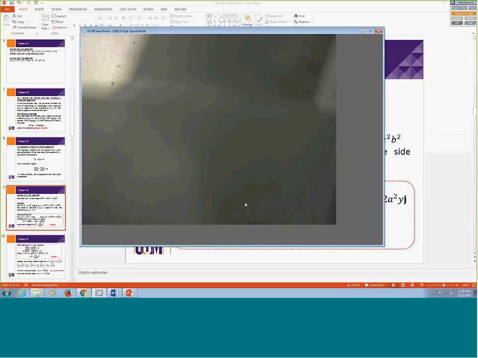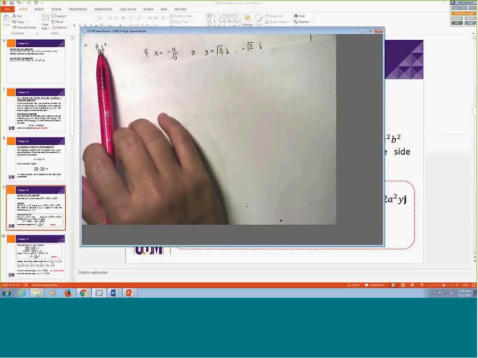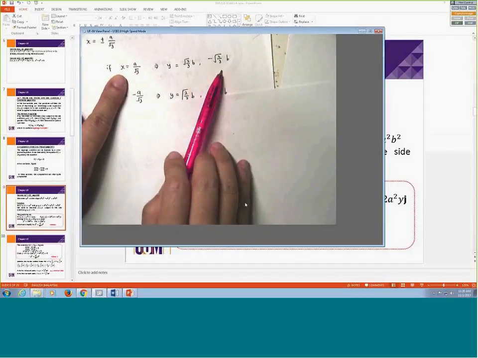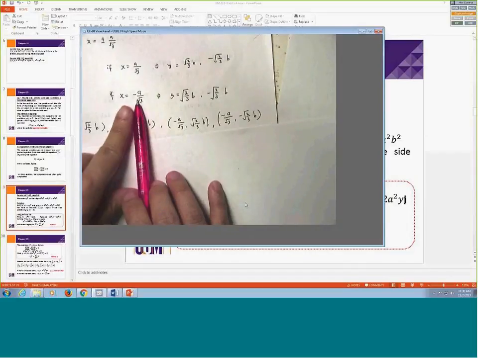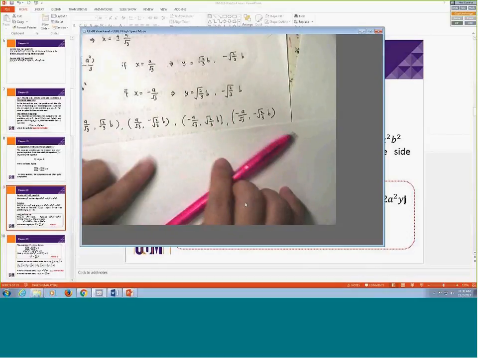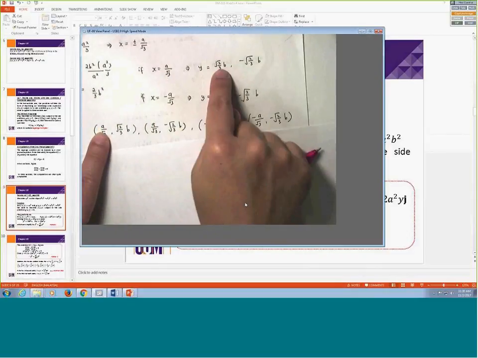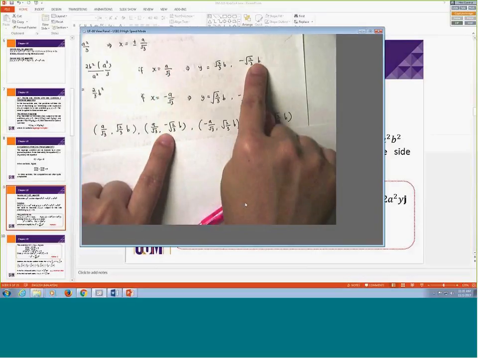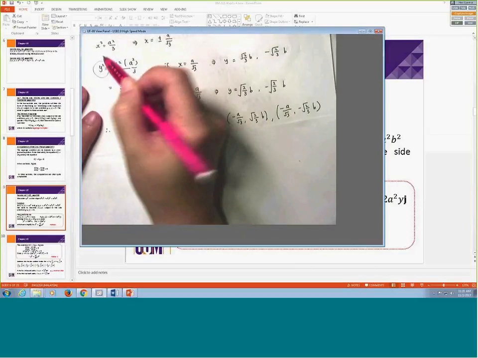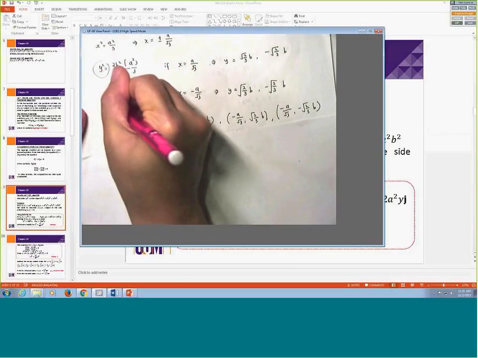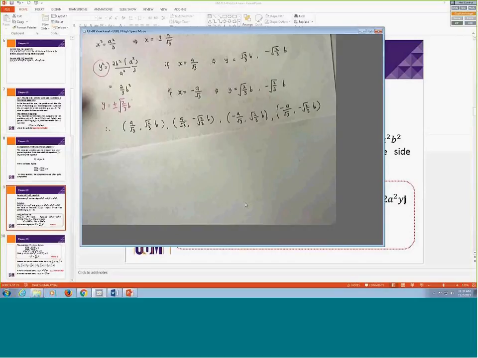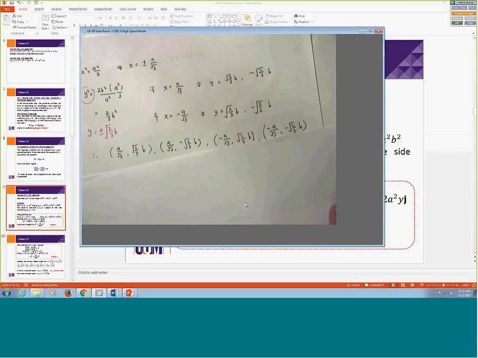So for x positive, you will get one y positive and one y negative. For x negative, you also get one positive and one negative. So you have 4 points: first, second, third and fourth point. Because of the square, x has plus and minus, y also plus and minus.